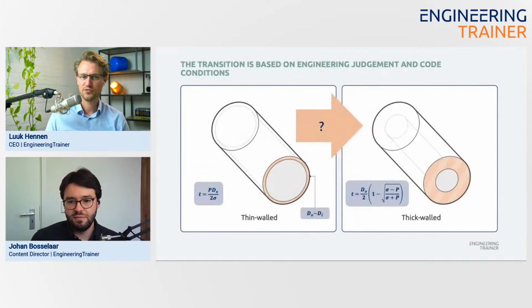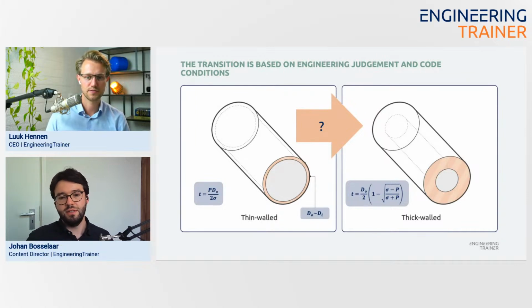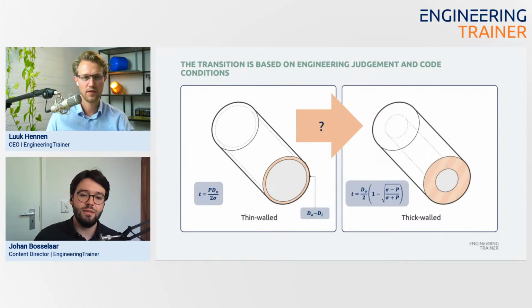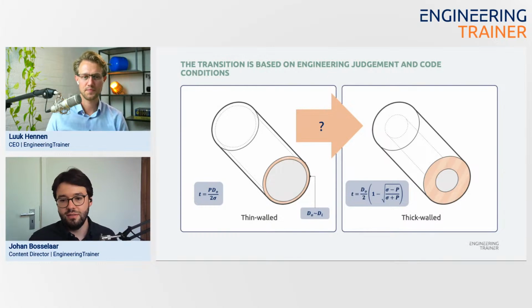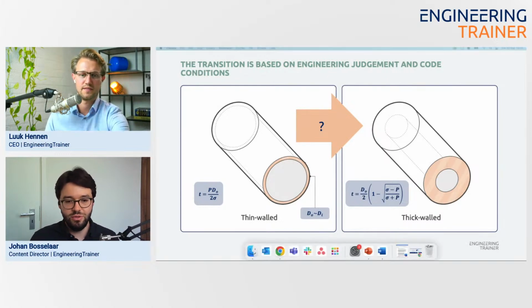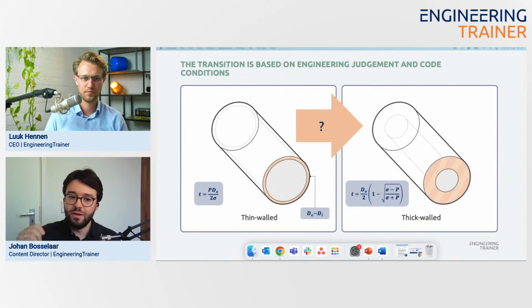To this visual, Johan. Let's see what this entails. So again, we show here the thin wall to the left and the thick wall piping to the right, so to the left we also see the thickness calculation.